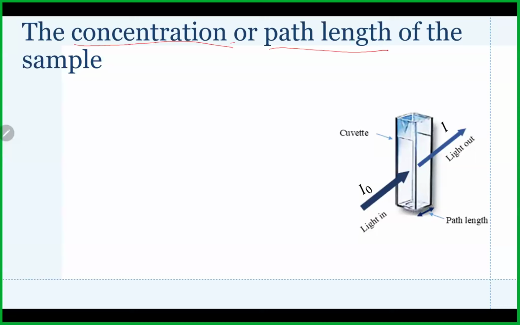What we mean by path length, I'm sure you're familiar with, but let's quickly talk about it. Usually you put the sample in a container that is often called a cuvette, and light needs to travel through that cuvette. If you have a large cuvette or a small cuvette, the result will be affected by that.